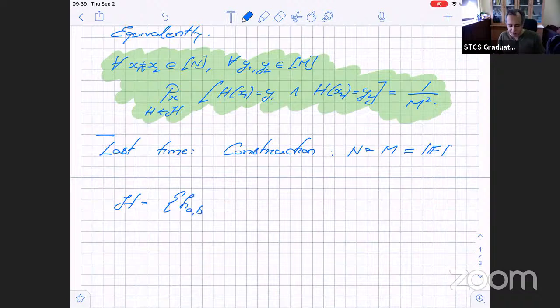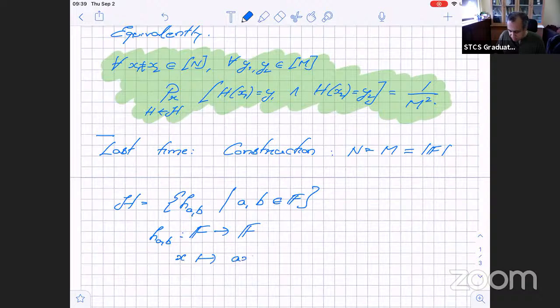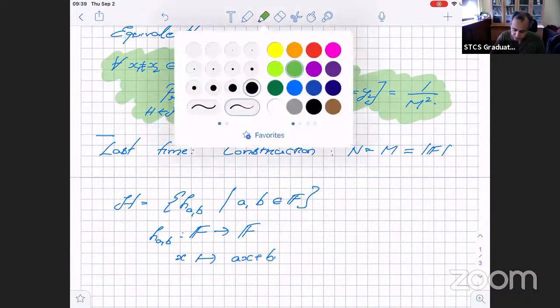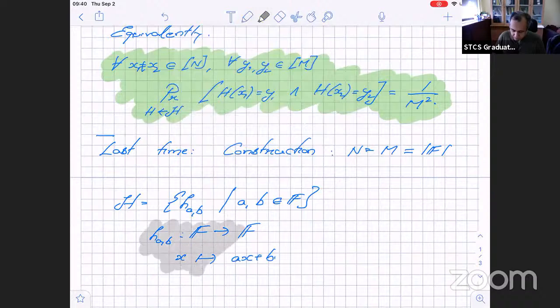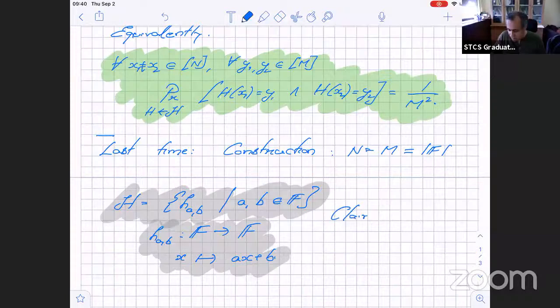It was indexed by 2 elements a, b in the field F, and H_{a,b} was the function from F to F which mapped x to ax plus b. It was this nice function. And last lecture we proved a nice claim. Once you state this object, the proof of this is very simple. We just proved that H_{a,b} is a pairwise independent family of hash functions. We didn't call it this.